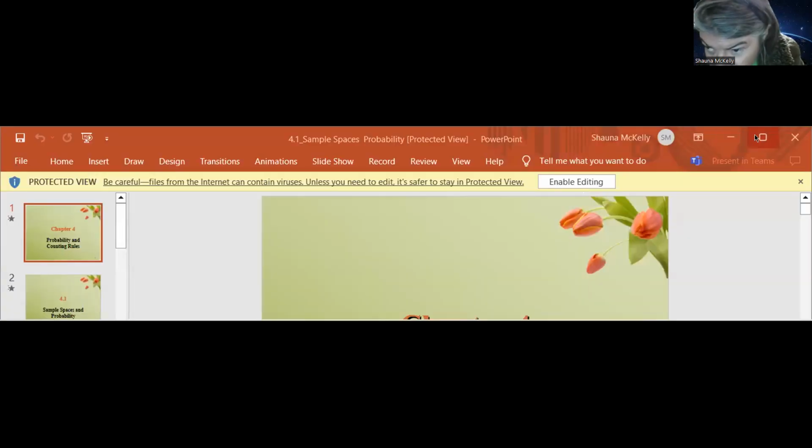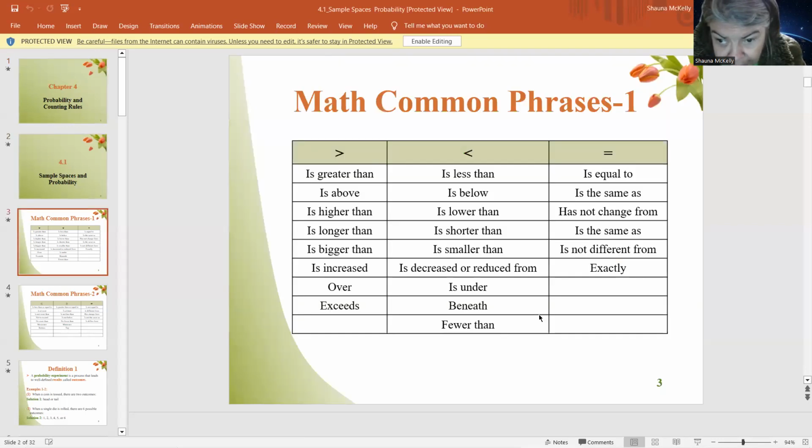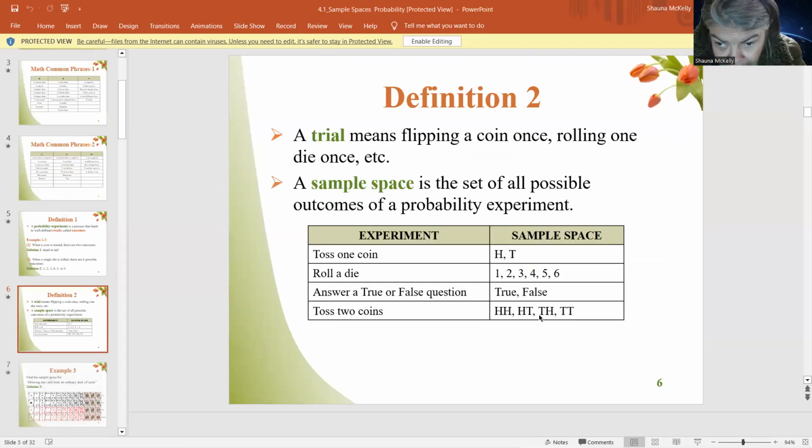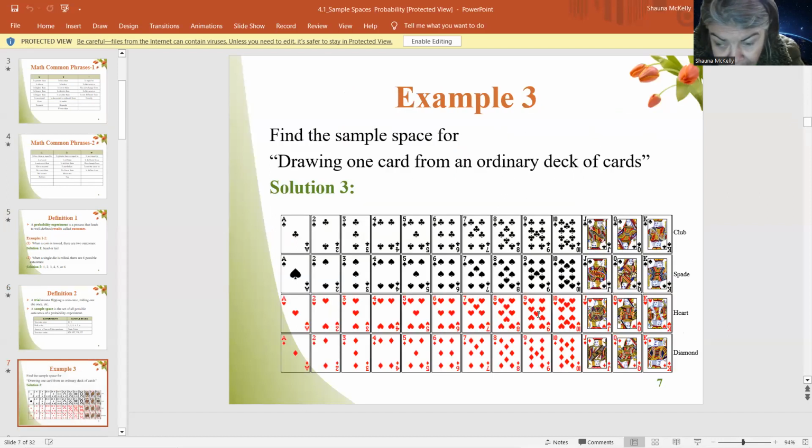As you recall, last time we were talking about probability, and we said that it was a chance process. We said that we have trials, we have sample spaces.